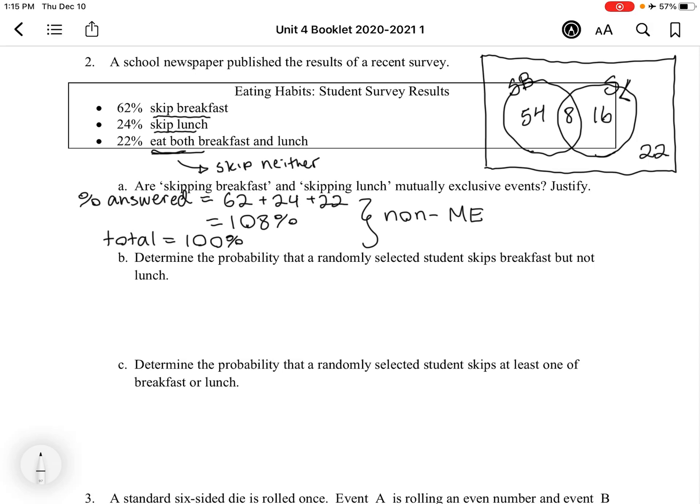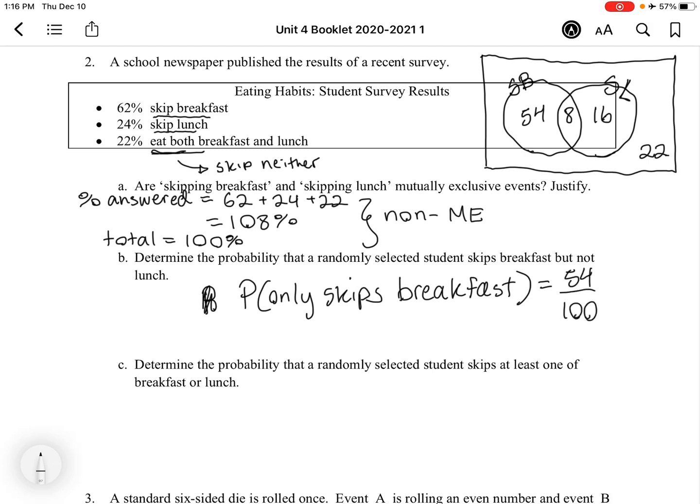All right, so the probability of only skips breakfast is going to be 54 over the total, which is 100, or 0.54.